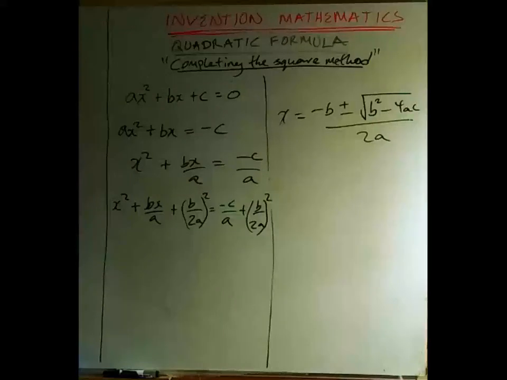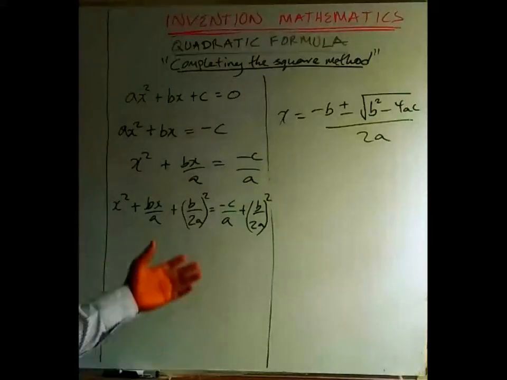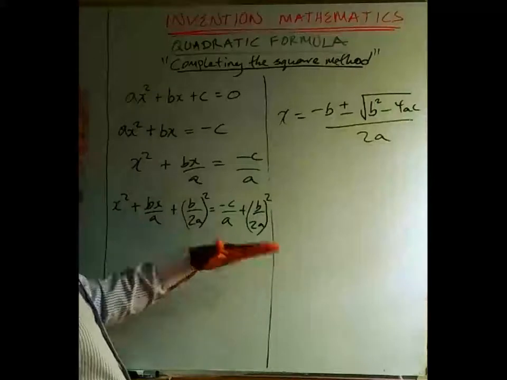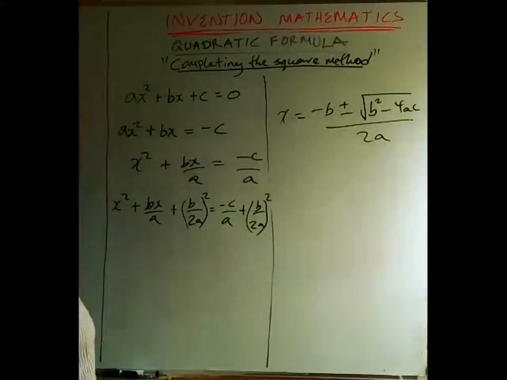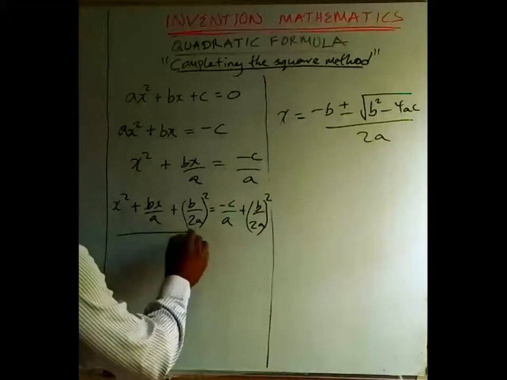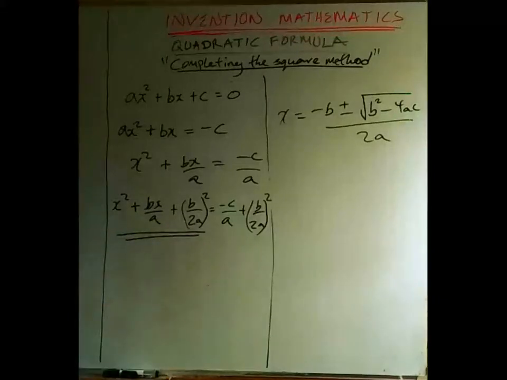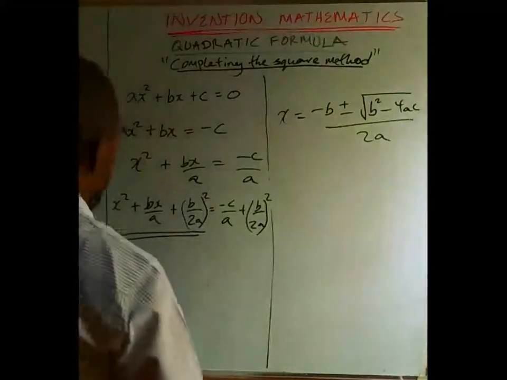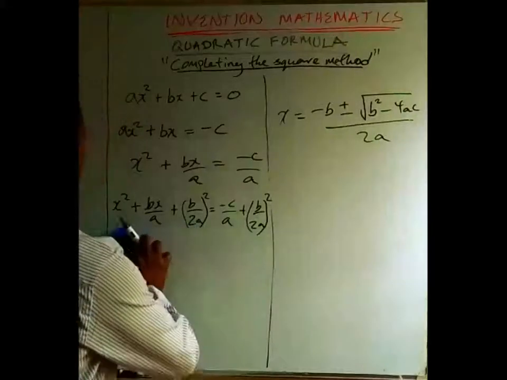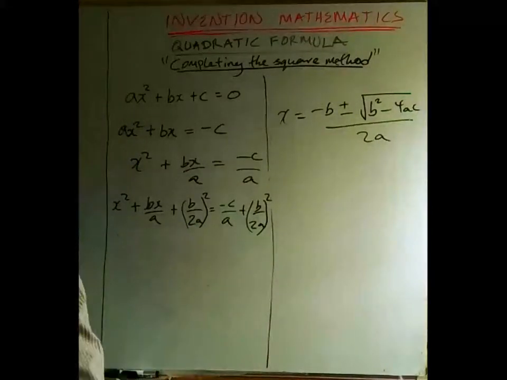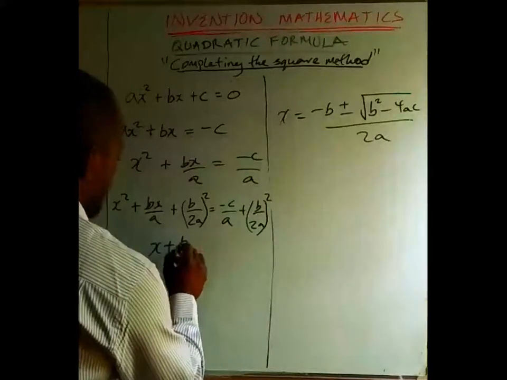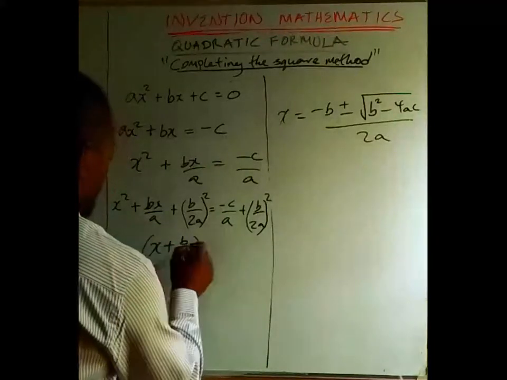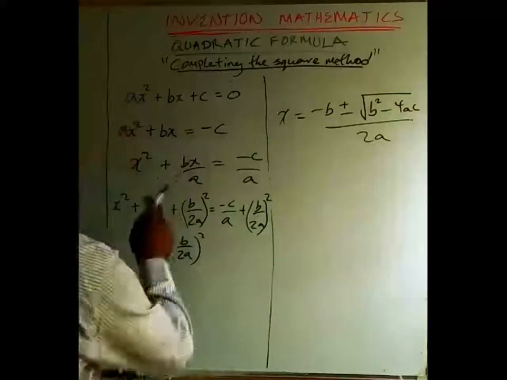This is mathematics. You always balance the scale. Whatever you do on this side, you do on the other side. Otherwise, you are not solving the problem. So this equation is now a complete square. x plus b over 2a squared is equal to that.